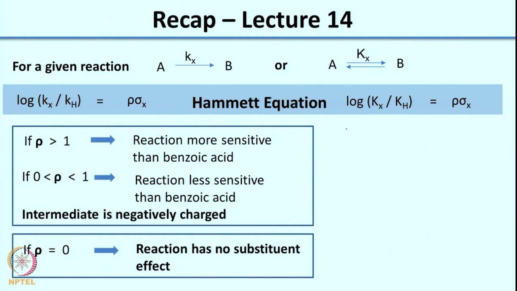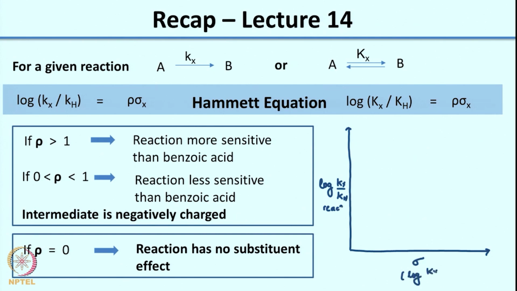So, just to remind you, you have a graph. On the y axis you have the reaction that you are studying, and on the x axis you have sigma, which is essentially log of Kx over Kh for benzoic acid.